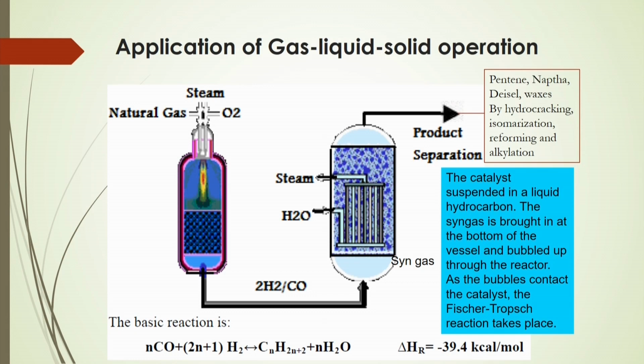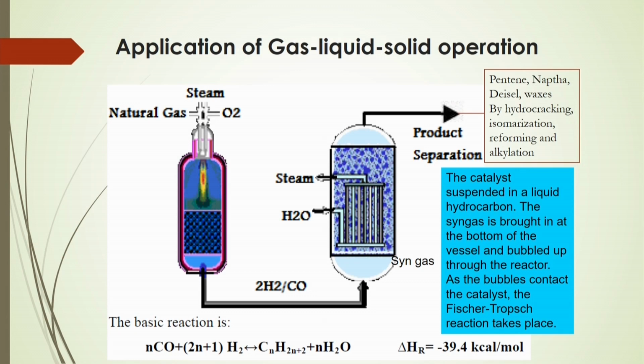From natural gas, through steam or some oxidation process, you can convert the gas to ammonia or other things. Or you can directly convert natural gas to producer gas, which is a mixture of hydrogen and carbon monoxide. Then this mixture is supplied through a 3-phase system.